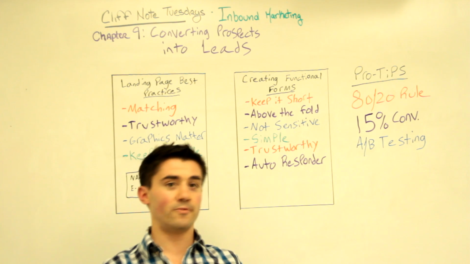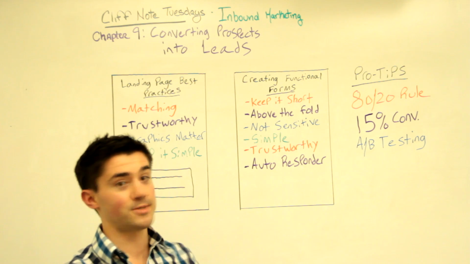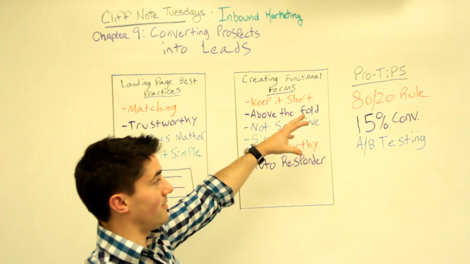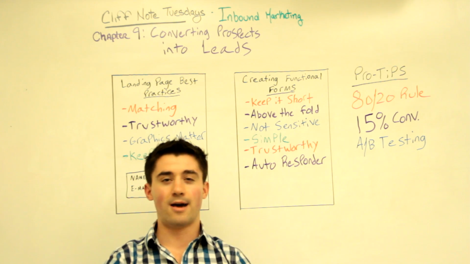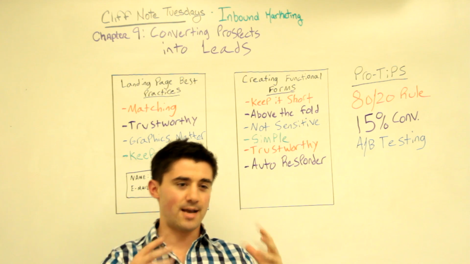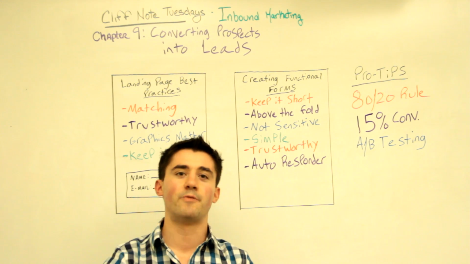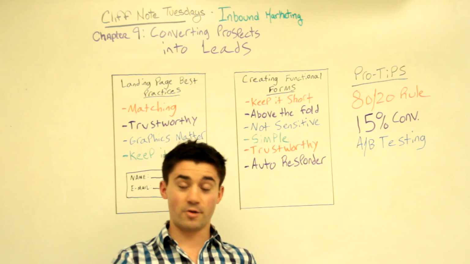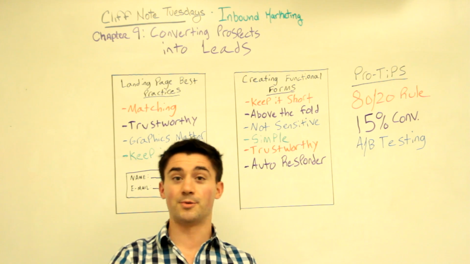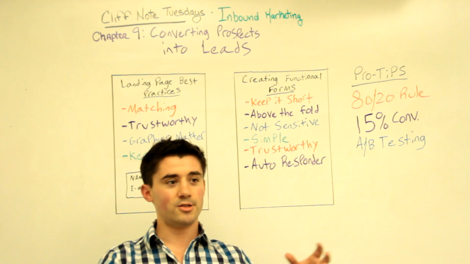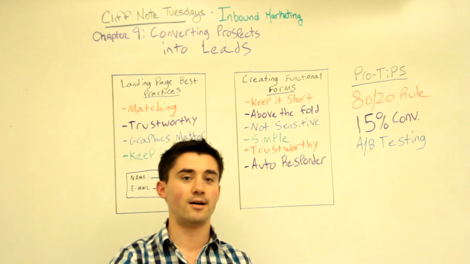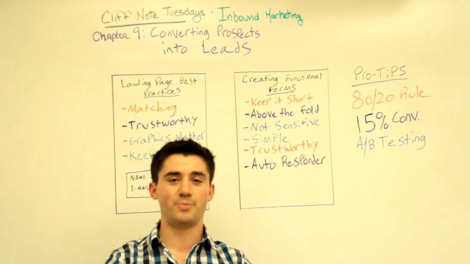Let's just wrap up here with some pro tips. I have the 80-20 rule up there. Now, the 80-20 rule, oftentimes marketers will just become obsessed with increasing their conversion rate, and it's successful if you're able to increase your conversion rate from 20 to 21% of people landing on your site becoming customers.